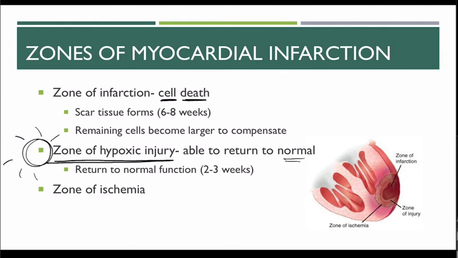In this case, the job of these cells is to contract and contribute to the stroke volume. During the hypoxic injury, the cells that are hypoxic will not be contracting because they're just trying not to die. They're not doing any extra work right now. So cardiac function during the heart attack will be much, much worse than what could potentially be their function once blood flow is restored and those cells are able to function again.